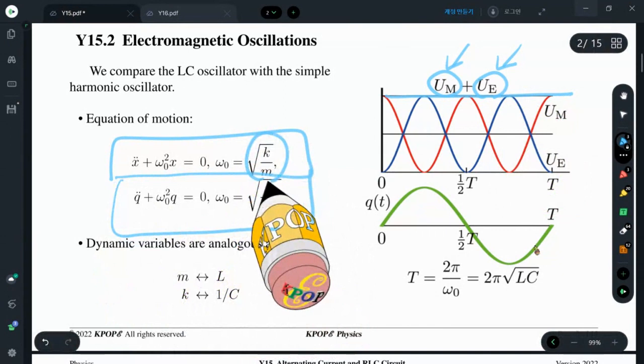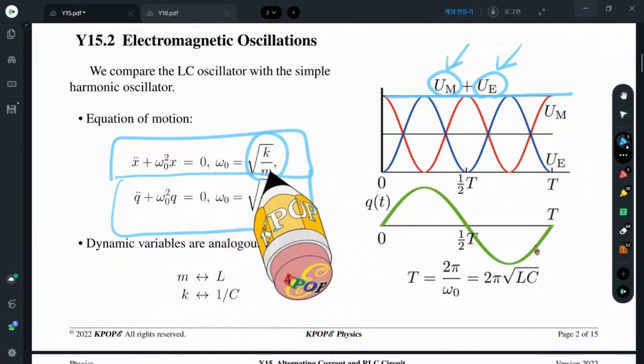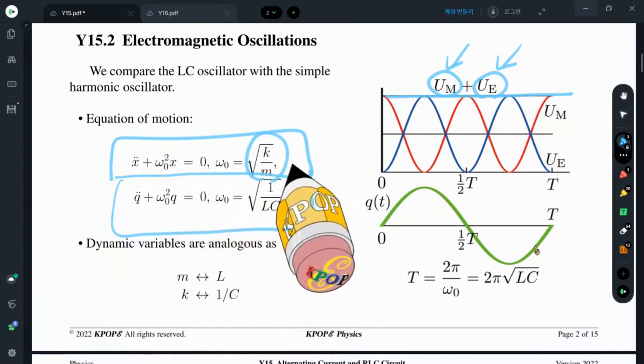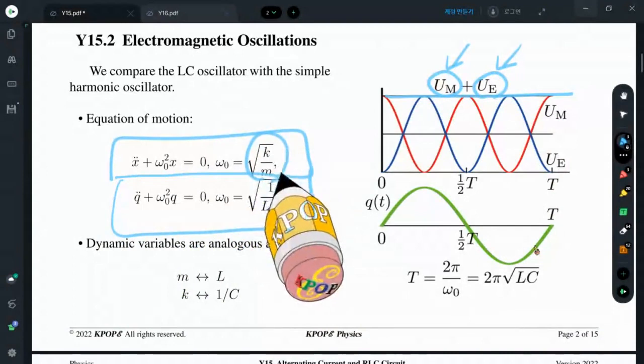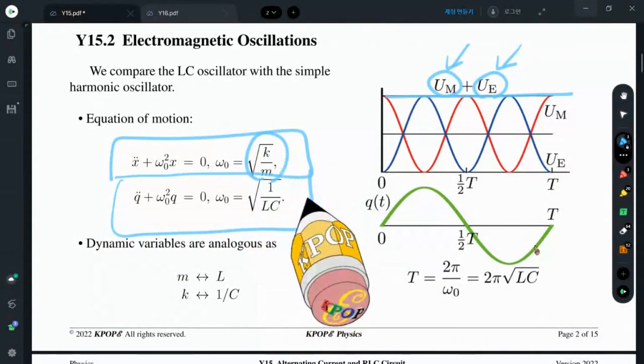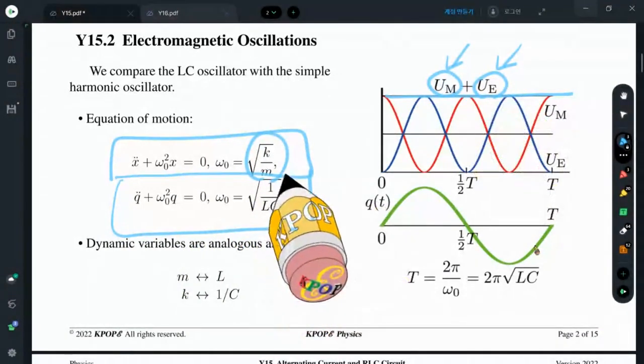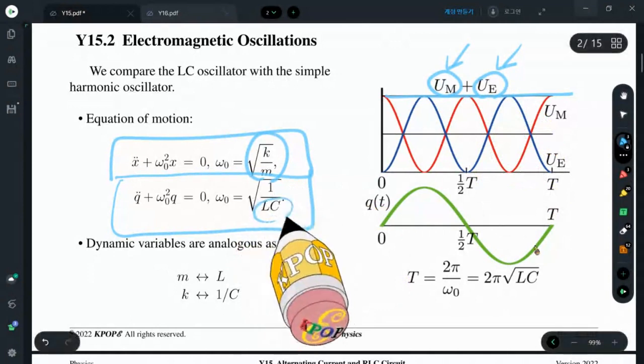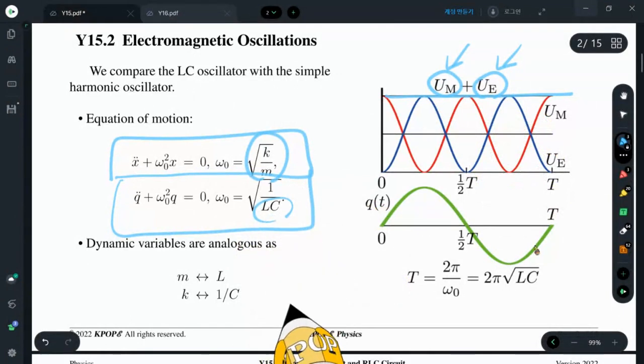What is the frequency? Angular frequency of the motion in the simple harmonic oscillator is square root k over m. Instead, in here, we have 1 over square root of LC. That's the difference.